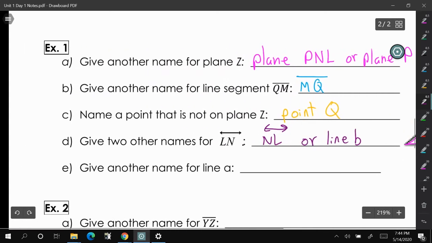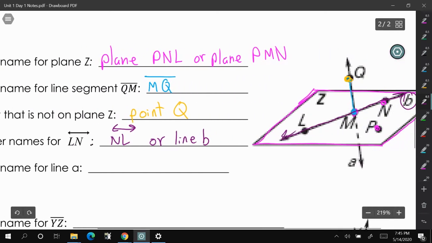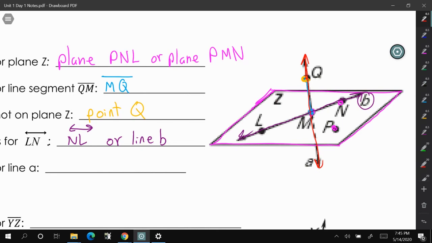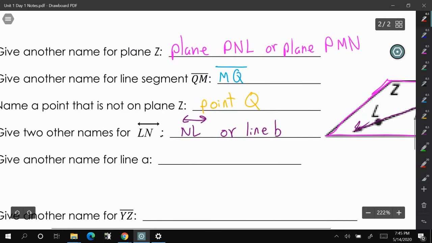And then finally, give another name for line A. Line A is right here. So we could say line QM or line MQ.